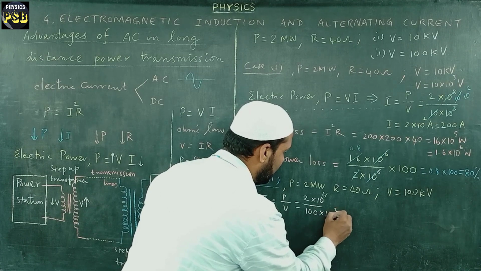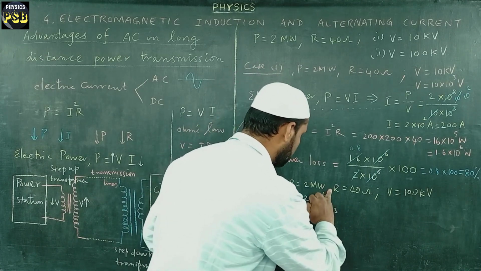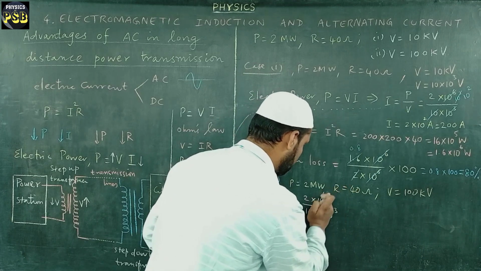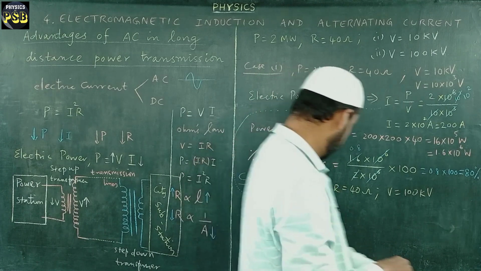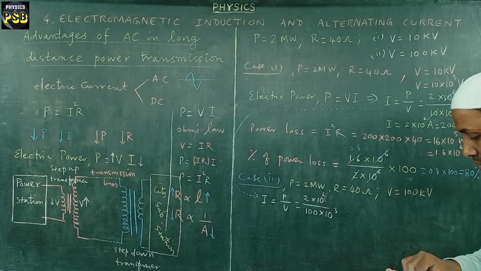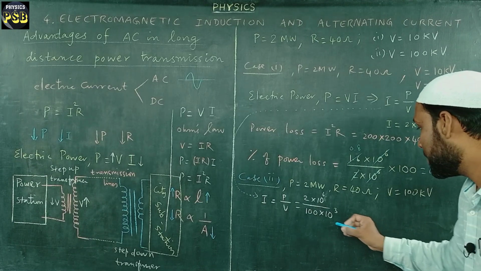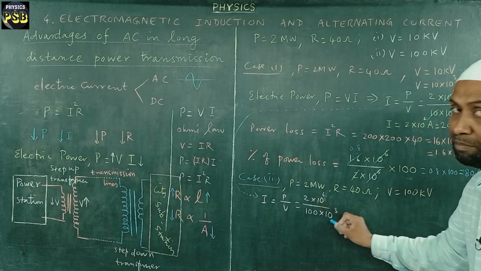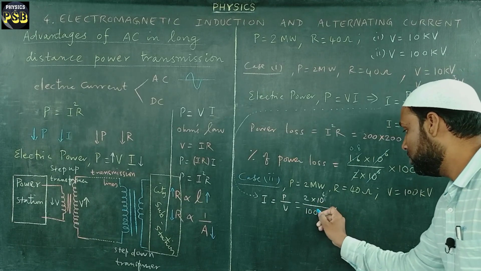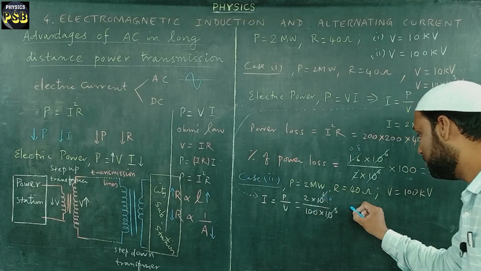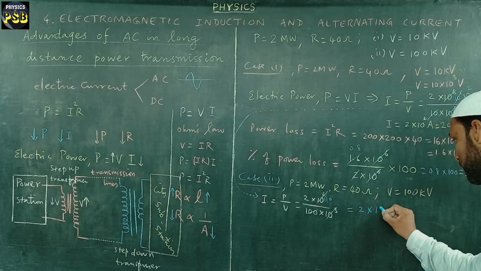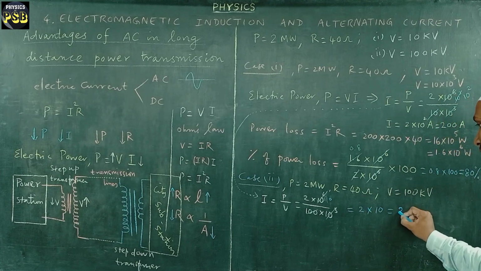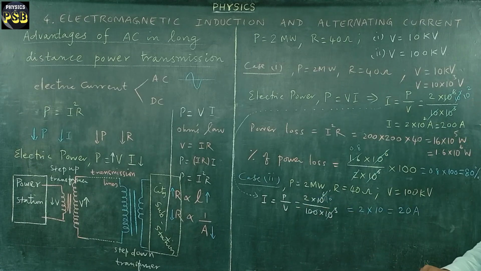Kilo means 10 power 3. So I simplify this. What do I get? 10 power 3 multiplied by 100 is 10 power 5. So I get 10 here. So the value of I is equal to 2 into 10, that is 20 ampere. The current value is 20 ampere here.